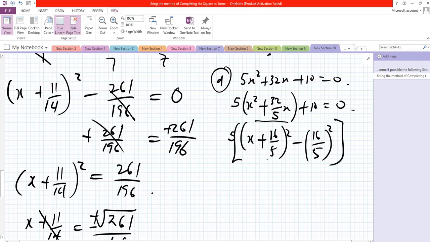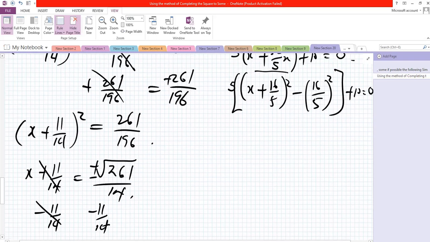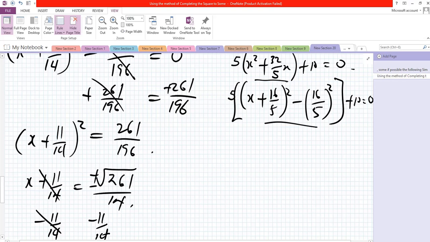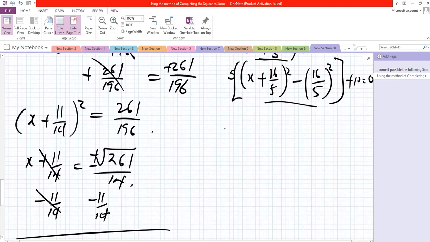So this is a complete square, plus 10 equal to 0. So this here is a complete square, so you now say 5 bracket open x plus 16 all over 5 all squared minus 16 squared.